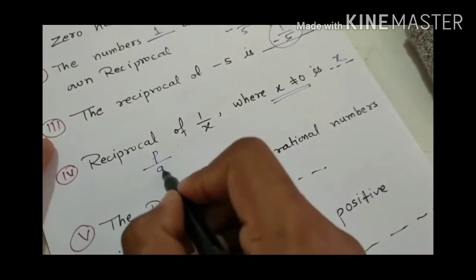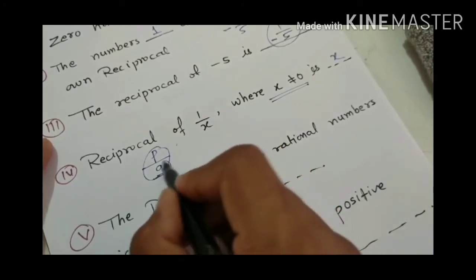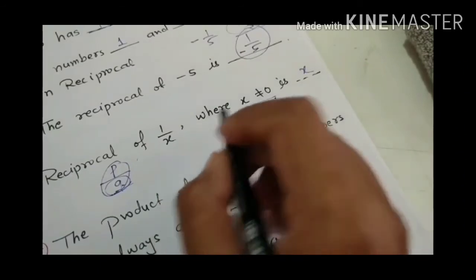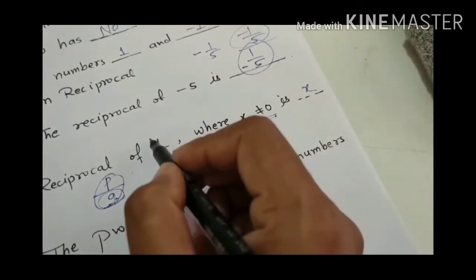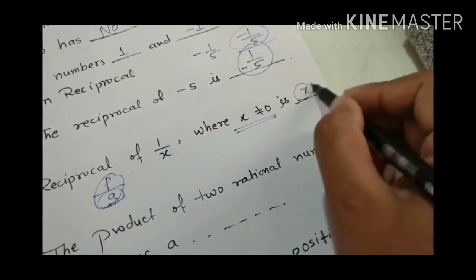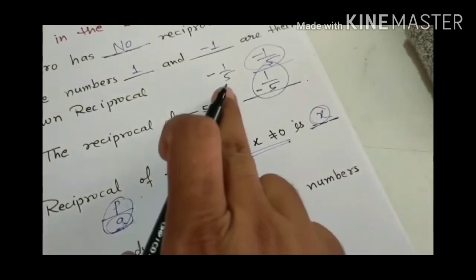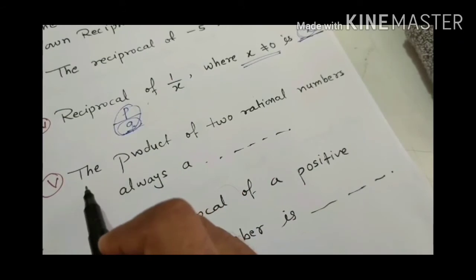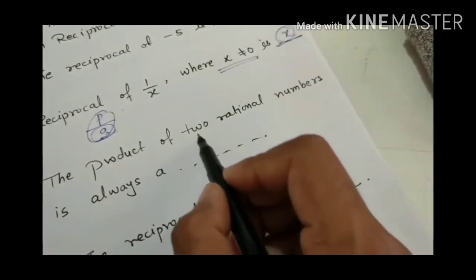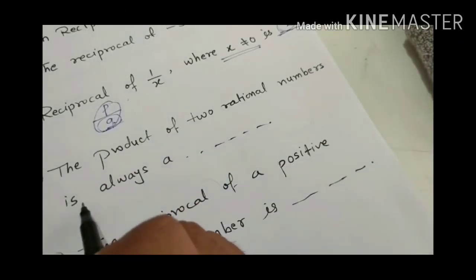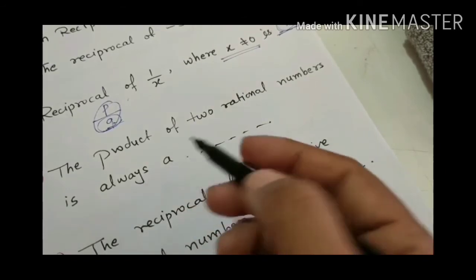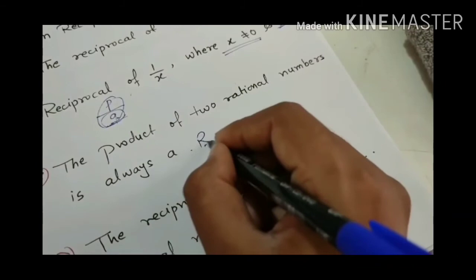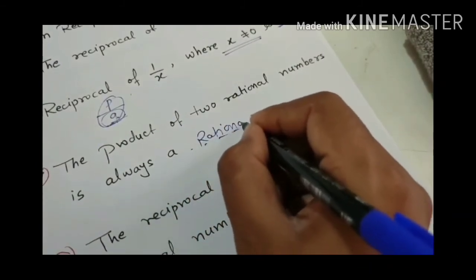Okay, p by q form, that is the rational form. q should not be 0. So the reciprocal of 1 by x will be x. The same thing, how we wrote, just see. Now the product of two rational numbers is always a. The product of any two rational numbers, what will it be? A rational number according to which property?